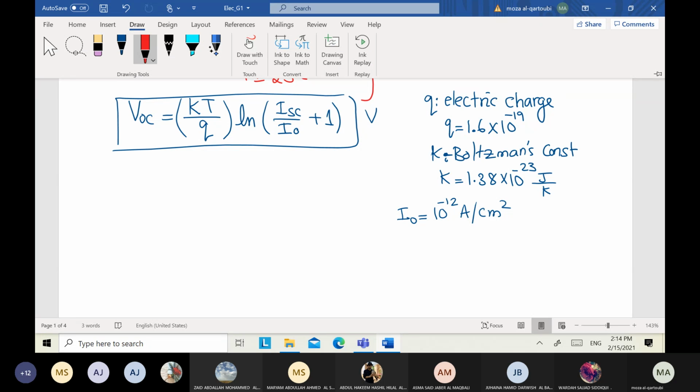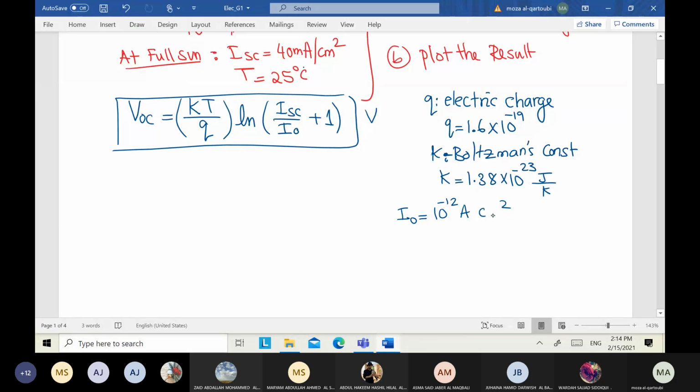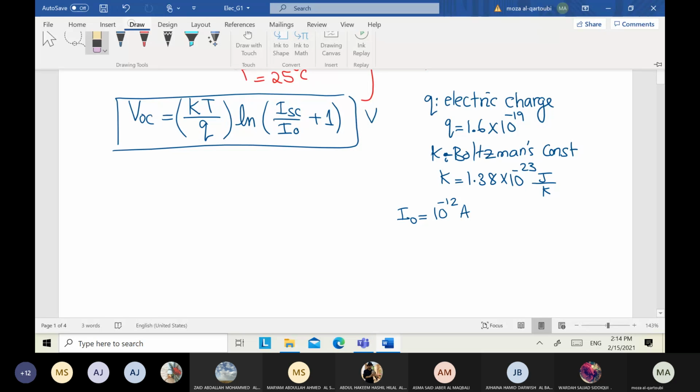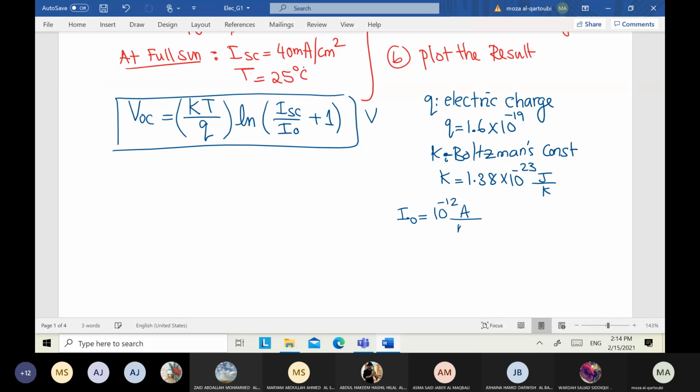So how do we change it? To be clear, it is per unit area, centimeter squared. We need it in ampere, so we multiply by area.